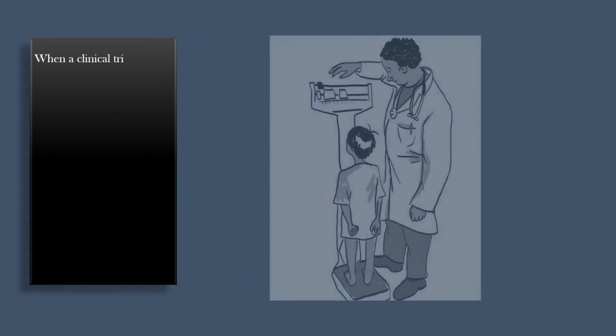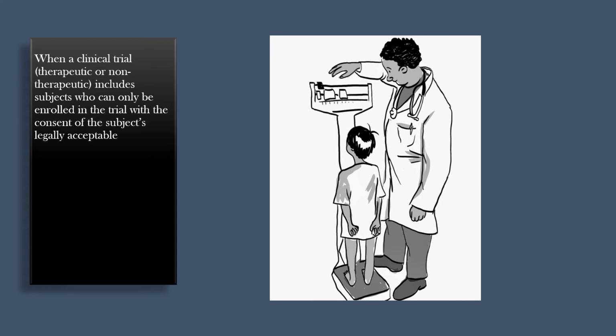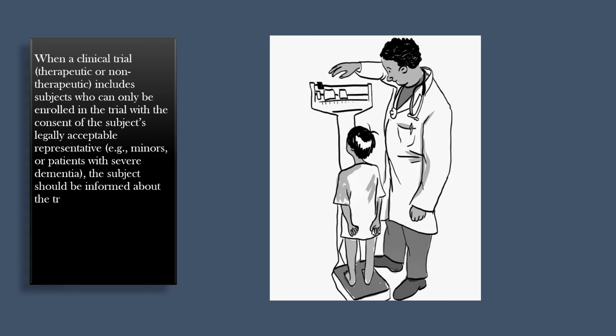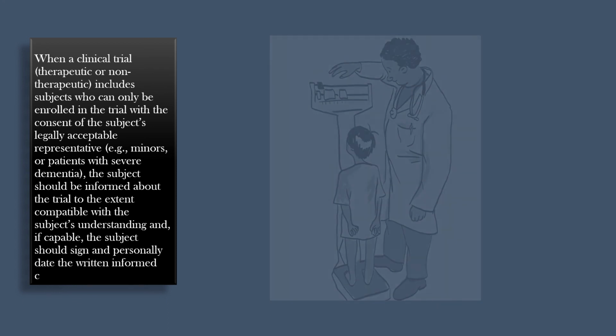When a clinical trial, therapeutic or non-therapeutic, includes subjects who can only be enrolled in the trial with the consent of the subject's legally acceptable representative, for example, minors, or patients with severe dementia, the subject should be informed about the trial to the extent compatible with the subject's understanding and, if capable, the subject should sign, and personally date the written informed consent.